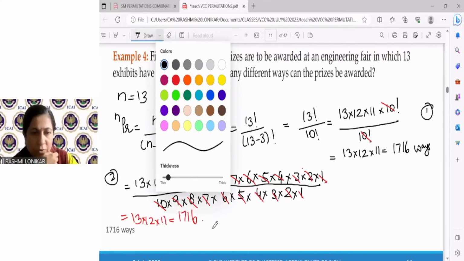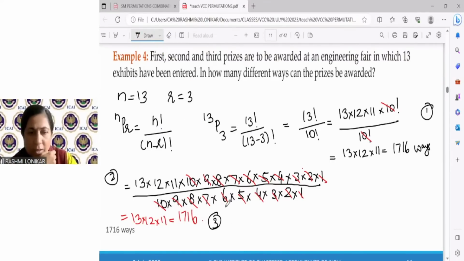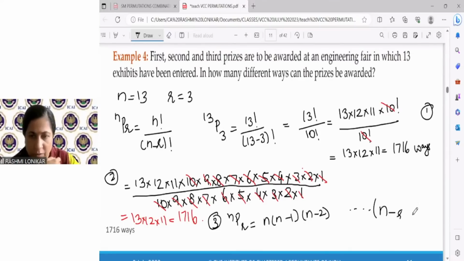The third way of solving this is nPr is equal to n into n minus 1 into n minus 2, up to n minus r plus 1. So how much is n minus r plus 1? n is 13, so 13 minus 3 plus 1, which is equal to 10 plus 1, which is 11.